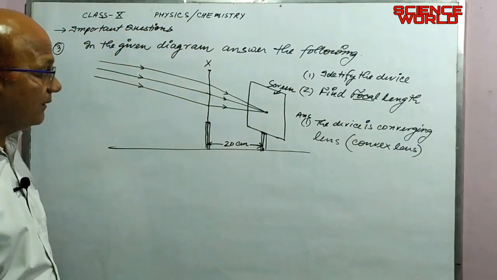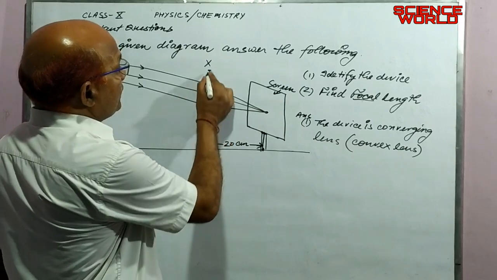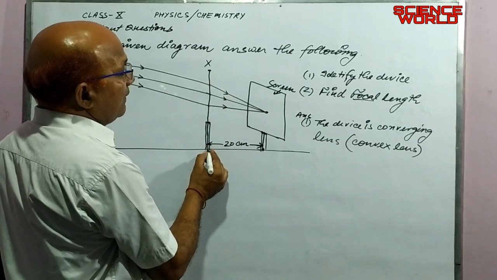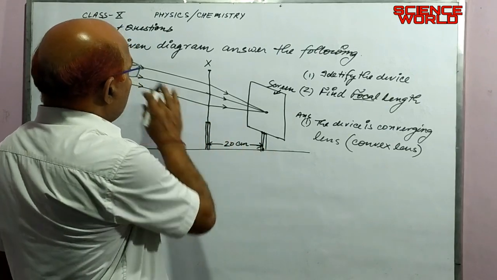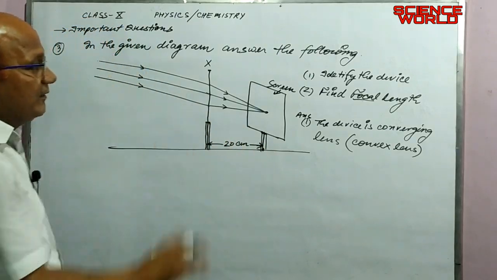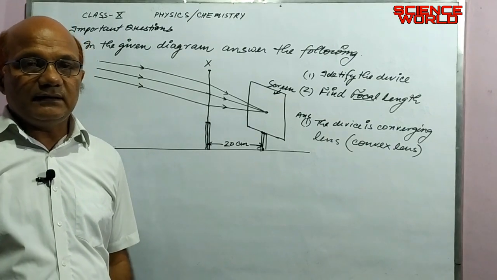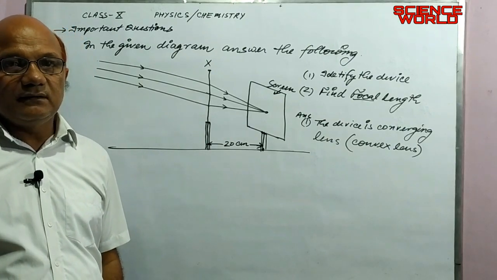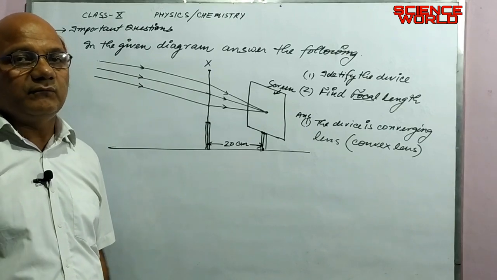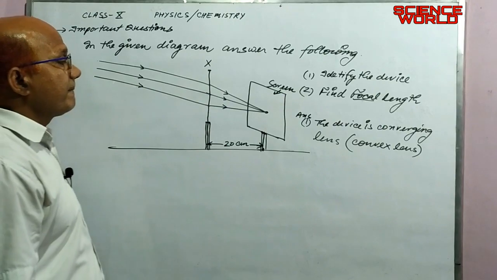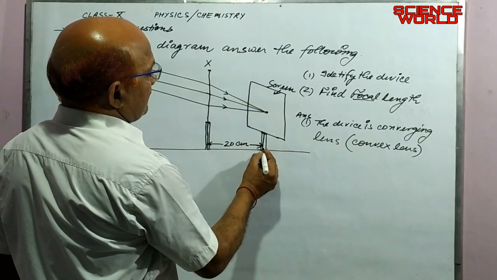Okay, and second part is find focal length. As you can see, this is the device, position of device is here, and this is the screen. Because the rays are coming from infinity, as you know, when the object is at infinity, the image will be at the focus. It means this screen is placed at the focus.